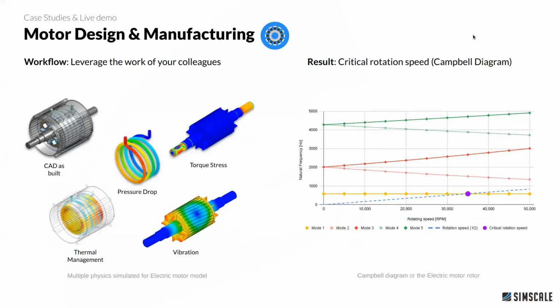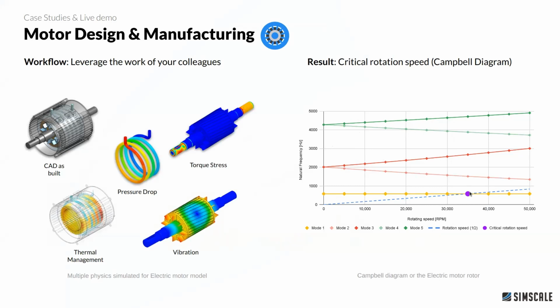So in the first workflow, I showed you how you can take a look at a project from your colleague and get all of the information that is provided there, derive, for example, in this case, a Campbell diagram. So all of the simulations that were done for different rotational speeds can be taken to derive these eigenmodes dependent on the RPM. And then we can also see here the RPM curve.